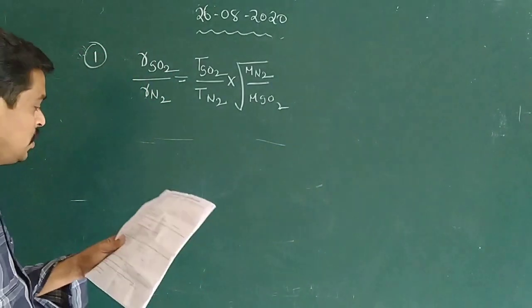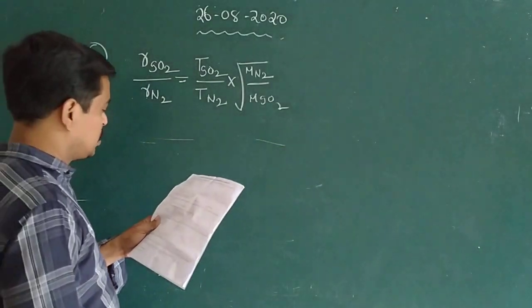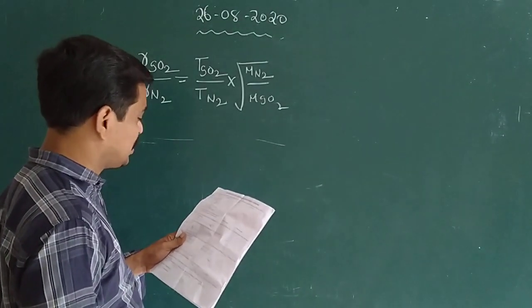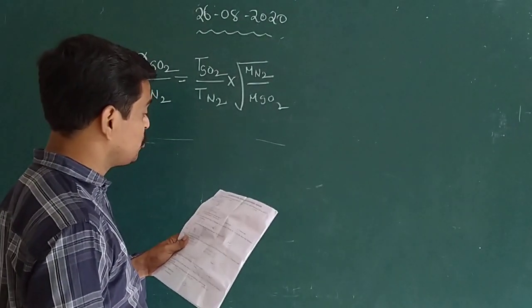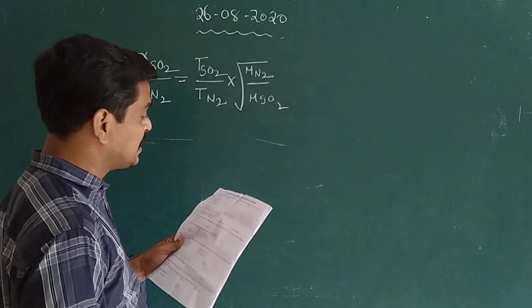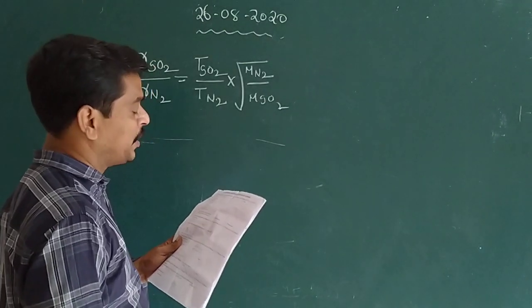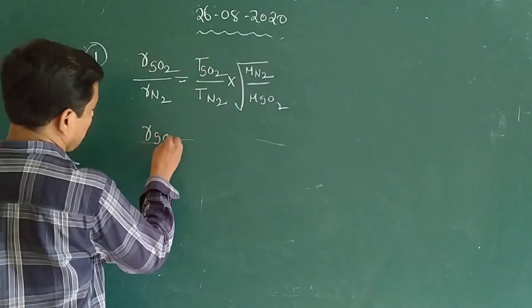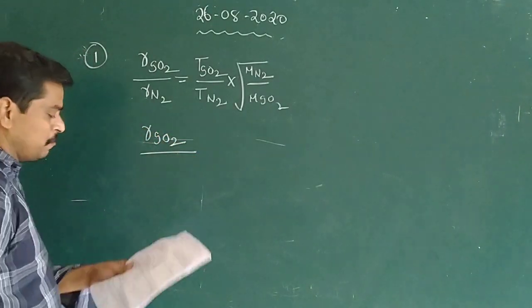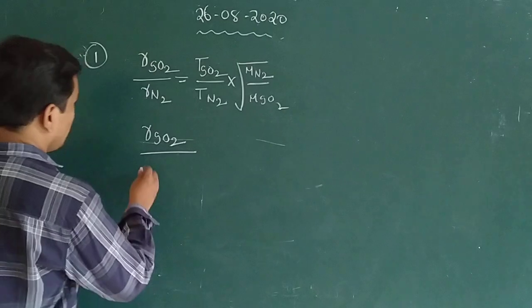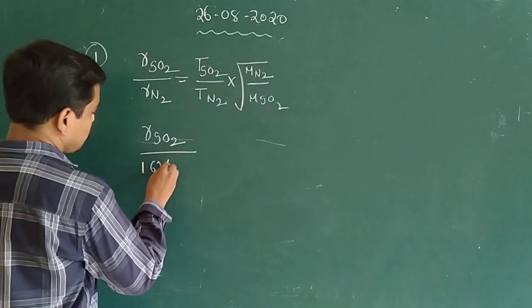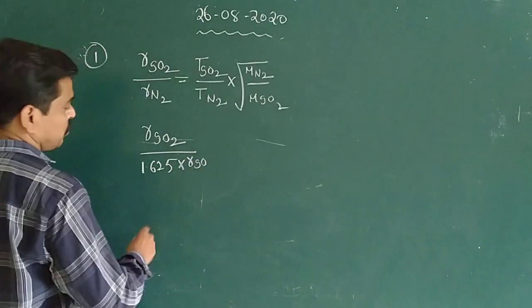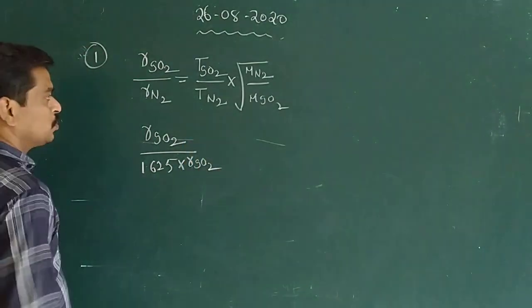Okay, students. Now what we said, students, is that N2 diffuses here. Rate of effusion of N2 is 1.625 times the rate of effusion of SO2. So R SO2 by rate of effusion of N2 is 1.625 times that of rate of effusion of SO2.